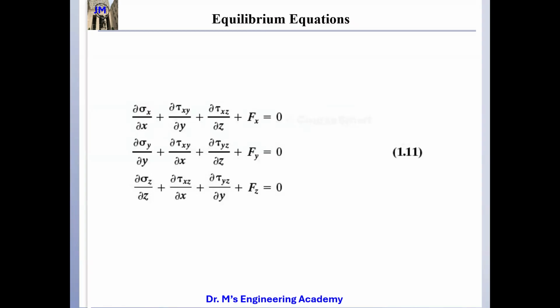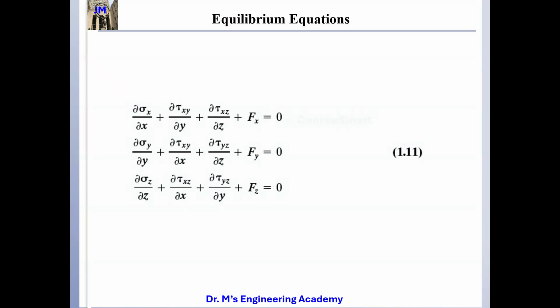So these are three equations, used to guarantee that this problem domain does not move in the x, y, z directions. And we also have the sum of Mx equals the sum of My equals the sum of Mz equals 0. That means the resultant moment about all three axes is equal to 0.